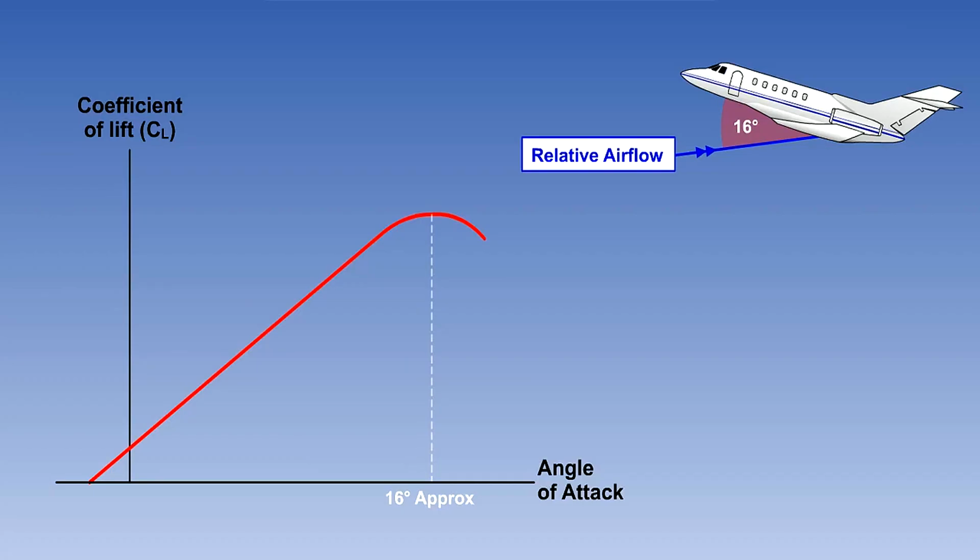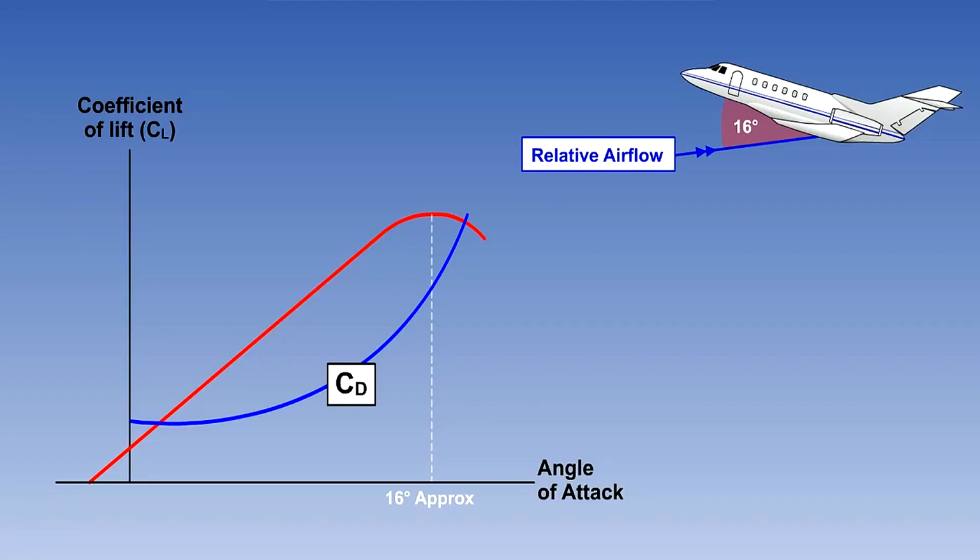We can see this in graph form if we represent the coefficient of lift with a red line. Notice how the coefficient of lift reduces rapidly as an angle of attack of 16 degrees is approached. On the other hand, notice how the coefficient of drag, CD, shown here with the blue line, continues to increase as the angle of attack increases.